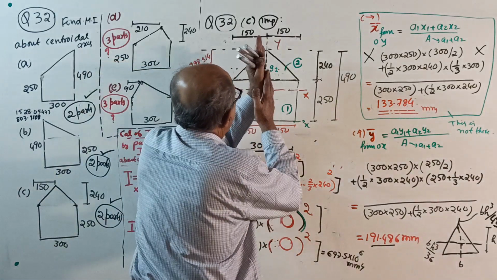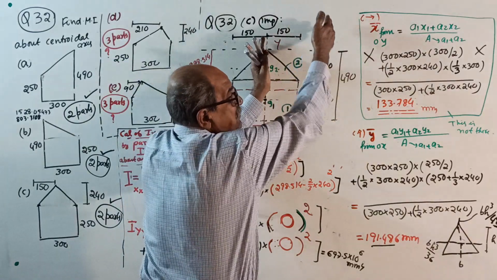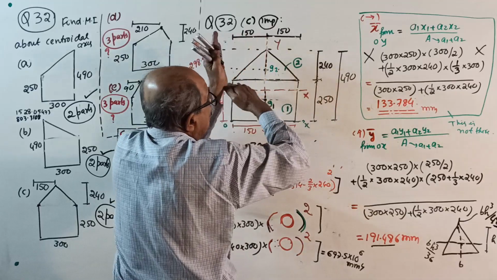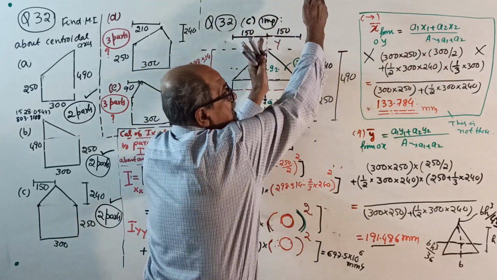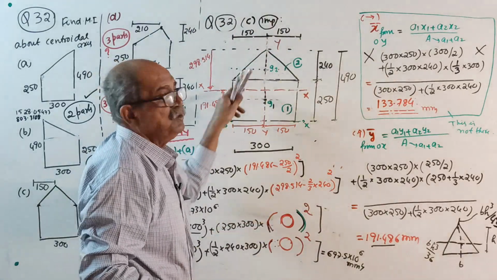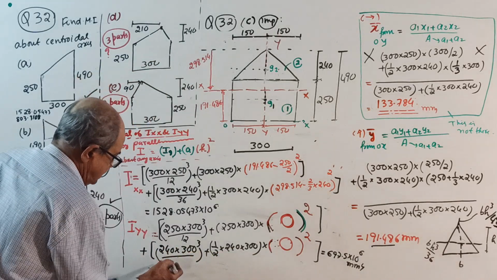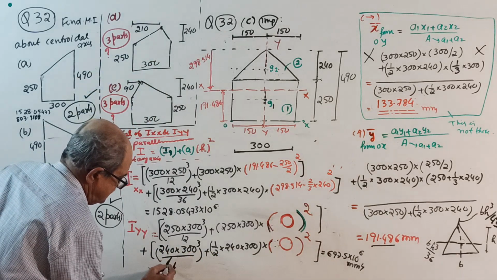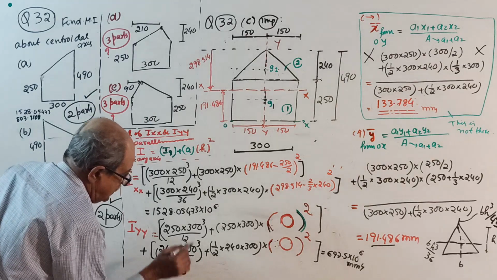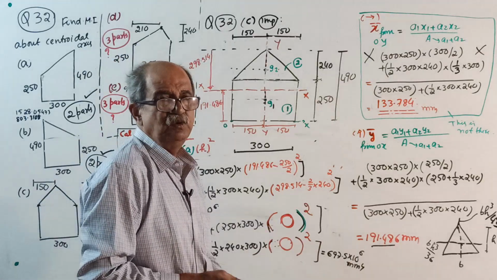But when you want about the axis passing through centroid and parallel to height, perpendicular to base, it is height into base cube, h into b cube by 48. I repeatedly told, 48 plus area into 0 square. I wrote the answer there. You will get the answer.